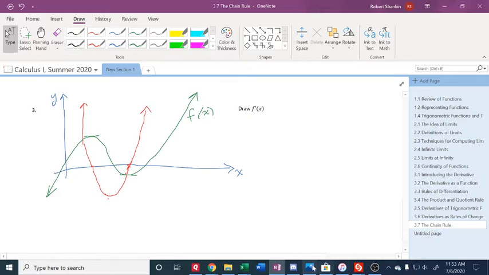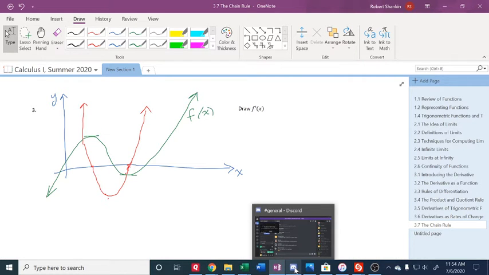Let me know where you're at with this. Give me some feedback on number 3.